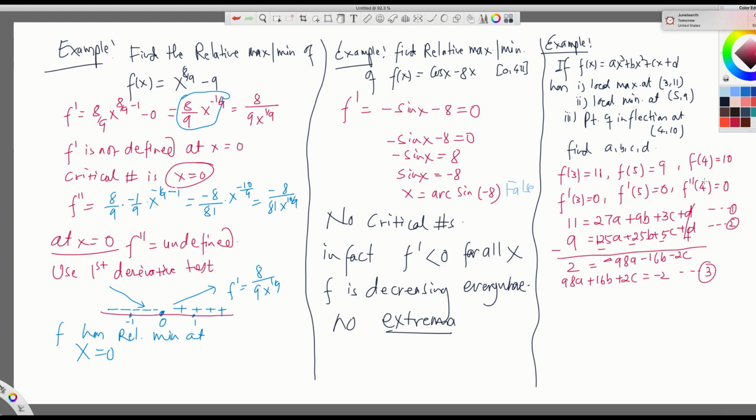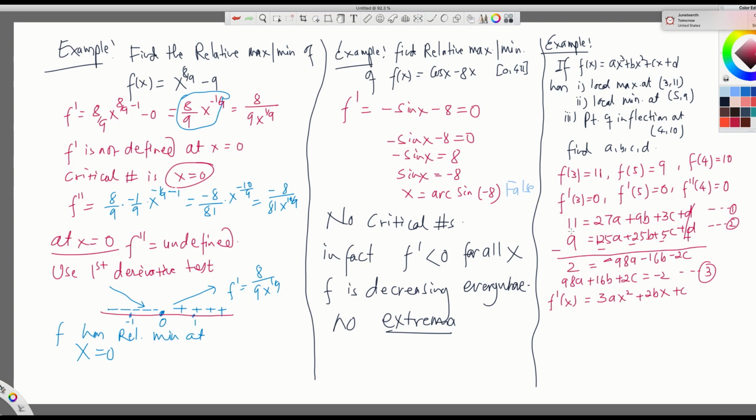Now, you can use f of 4 equals 10 and do it that way. You can do either way. There are so many ways you can do that. So let's find f prime of 3. First find f prime of x and then we will create equations with that. What is f prime of x? It is basically 3ax squared plus 2bx plus c, right?